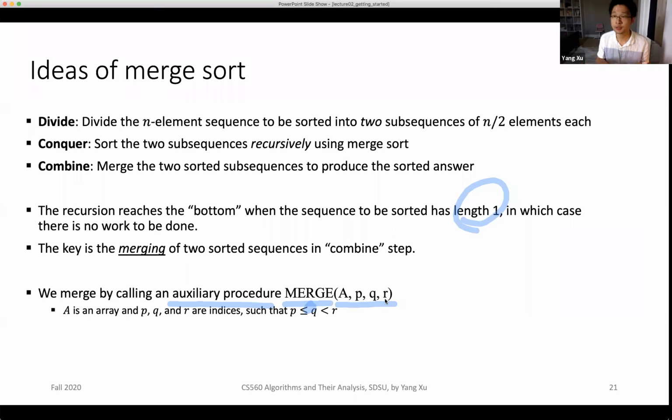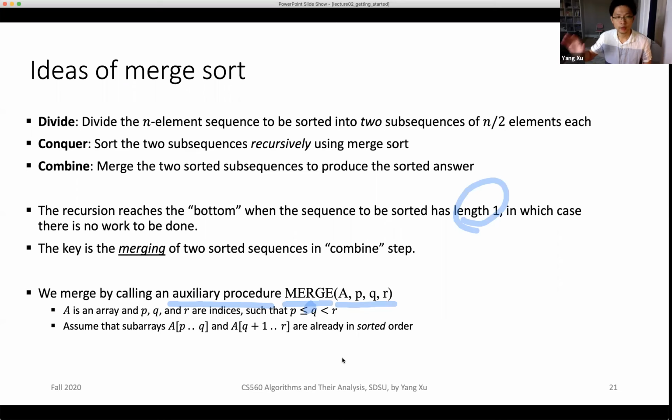They are indices of the array, and they are in such an order that P is the smallest one, R is the largest one, and Q is somewhere in between. That's what the order P, Q, R means.